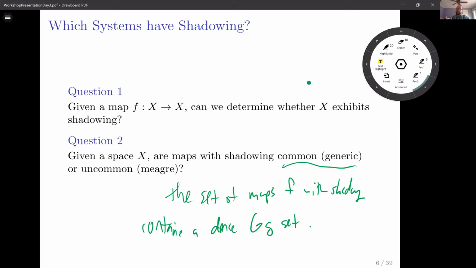A G delta set is the standard nomenclature for a countable intersection of open sets. So in a very topological sense, most functions will have shadowing if there's a dense G delta set of functions with shadowing. That's our goal, and we're going to answer this question for a couple of classes of spaces X.